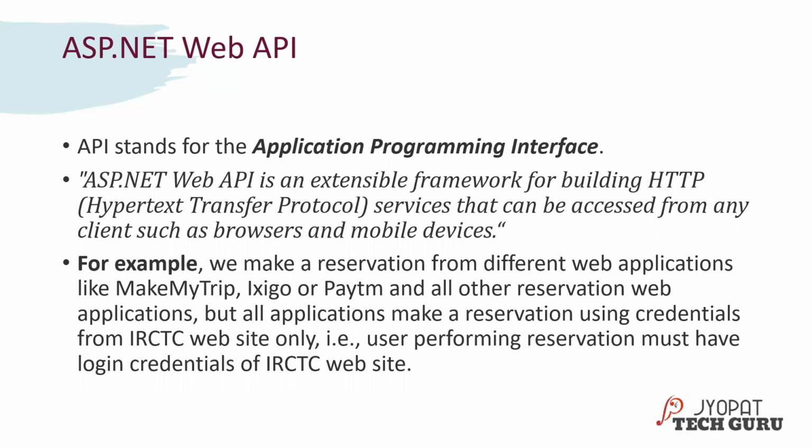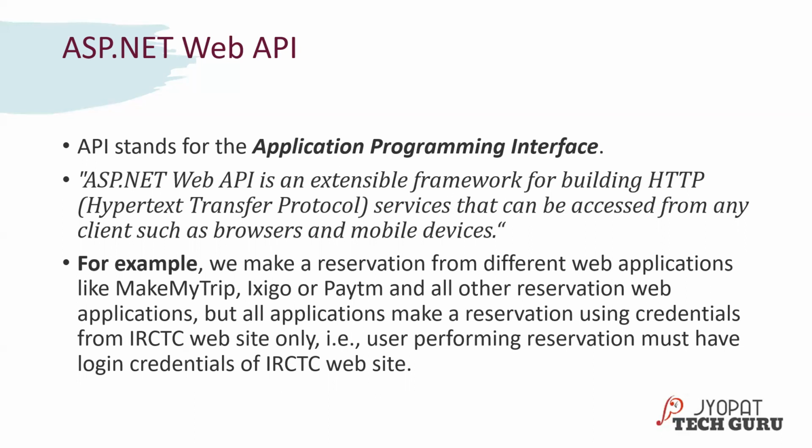ASP.NET Web API is an extensible framework for building HTTP, hypertext transfer protocol, services that can be accessed from any client such as browsers and mobile devices. This is a standard definition for Web API. So mainly we are highlighting the HTTP protocol, hypertext transfer protocol.